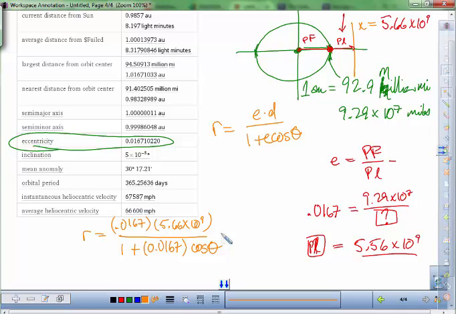So if we graph that, we should get the path of the Earth.